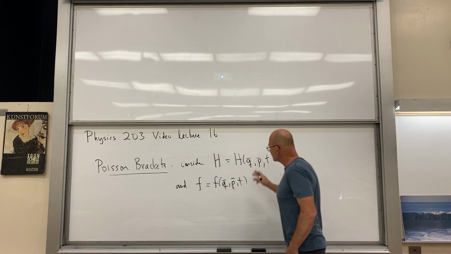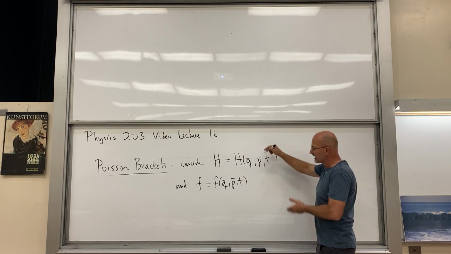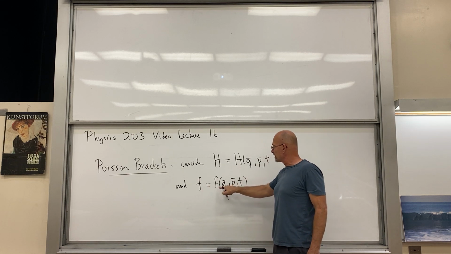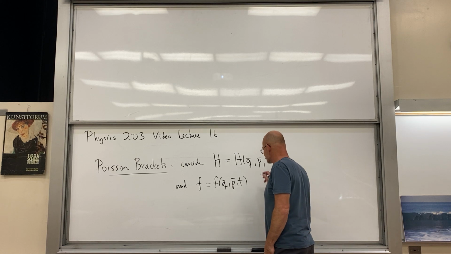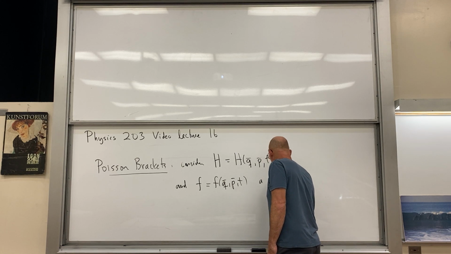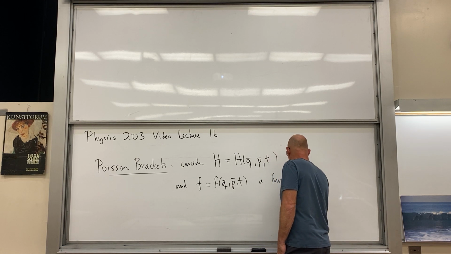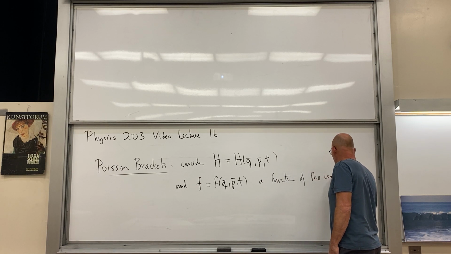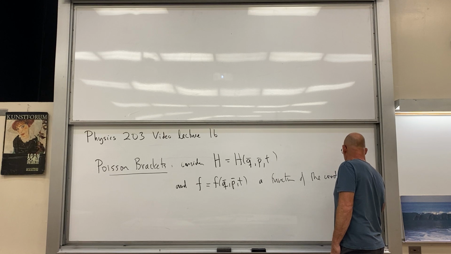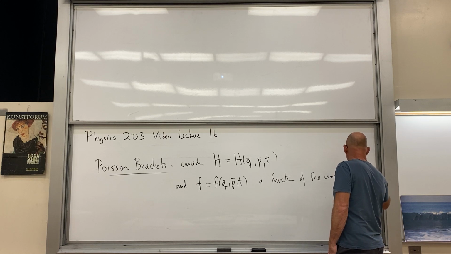So we have a Hamiltonian system and its Hamiltonian. And now we have another function of the coordinates, the momenta, and time. And I'll write that explicitly. Function of the coordinates, momenta, and time.